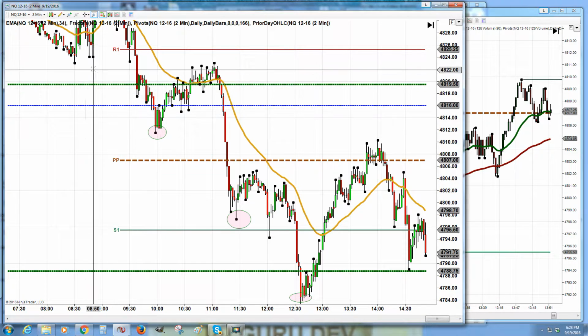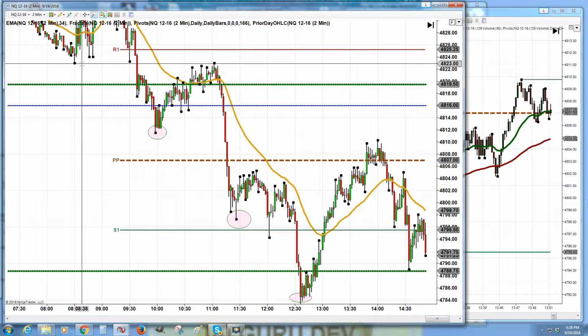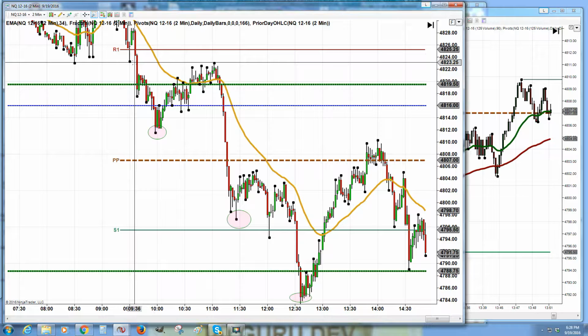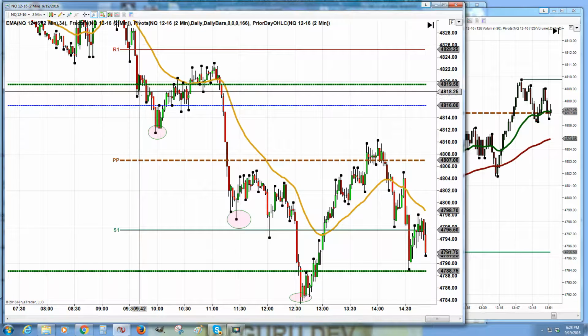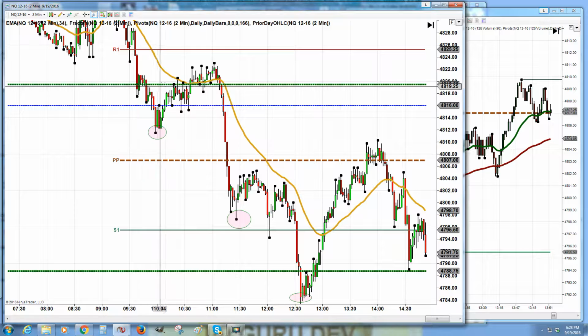So we're applying the structure approach, which we did on the first video, to this as well. We're noticing that it broke out of the lows earlier in the day, shortly after the open, in the first hour of trading, which is what we key off of. As soon as that 9:30 low was put in, a few minutes later it broke under that. But it had to contend with the prior day's high up here.